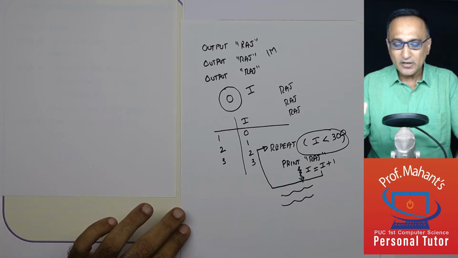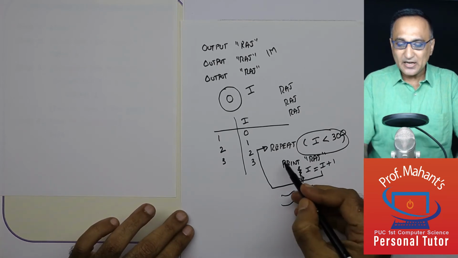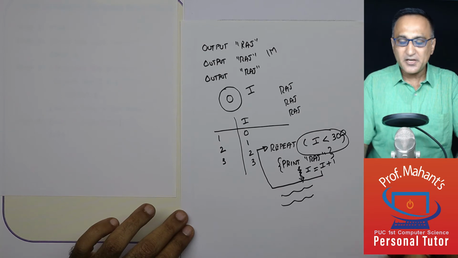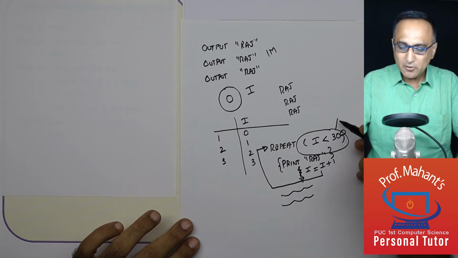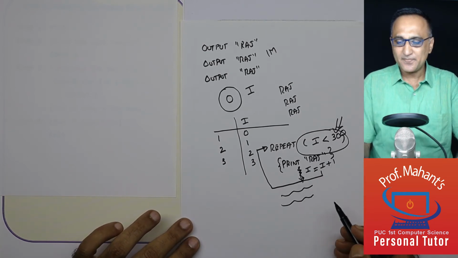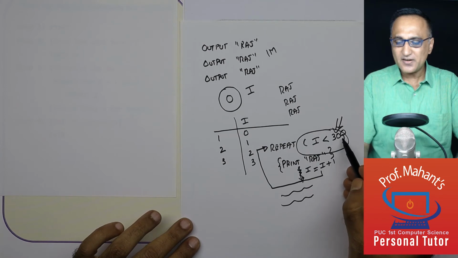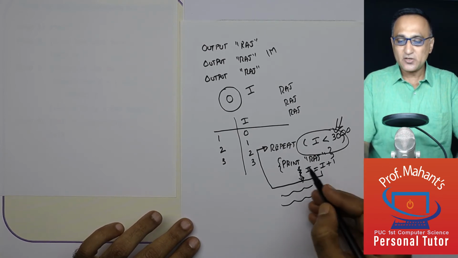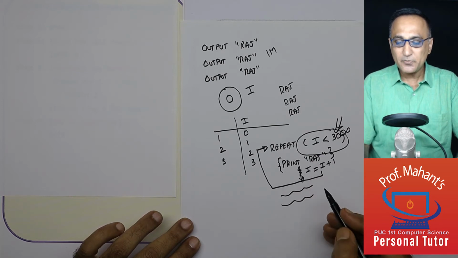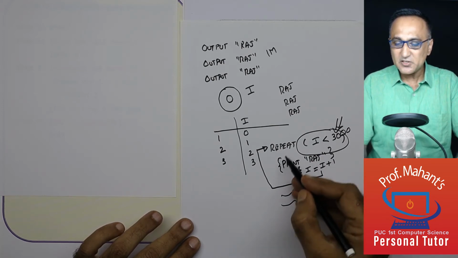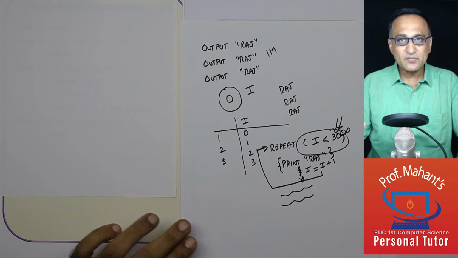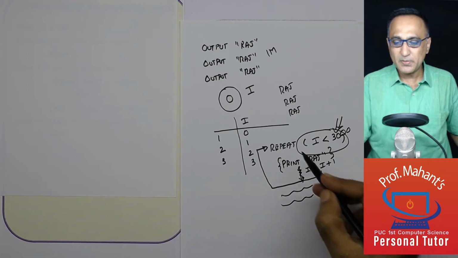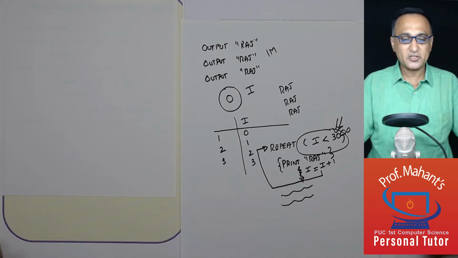In looping or repetition or iteration, it allows you to do this printing of Raj as many number of times as you decide here. Since I is 0, if it is 300, it will print Raj 300 times. If this condition is made 3000, it will print Raj 3000 times. Now the beauty you are seeing is this printing is being done 3000 times without you putting much effort, just by putting it in a loop or repetition.